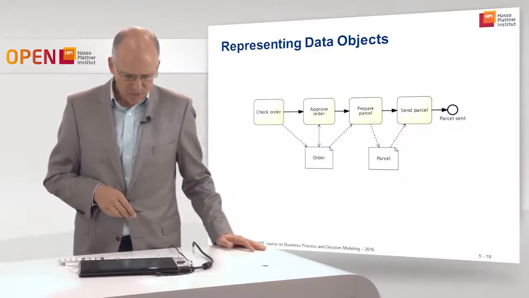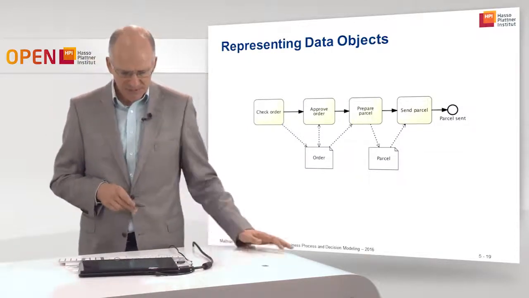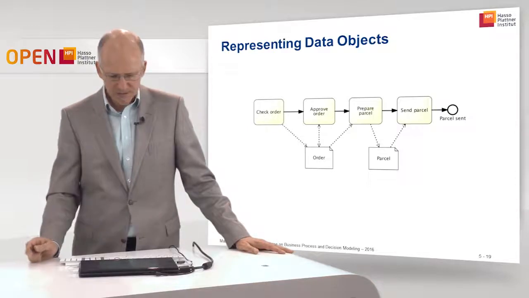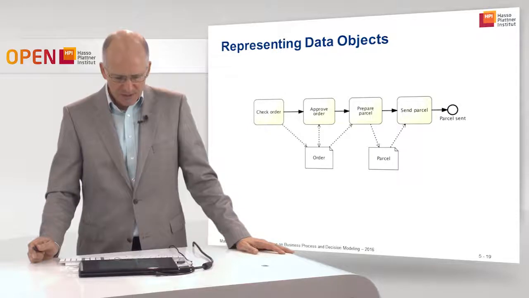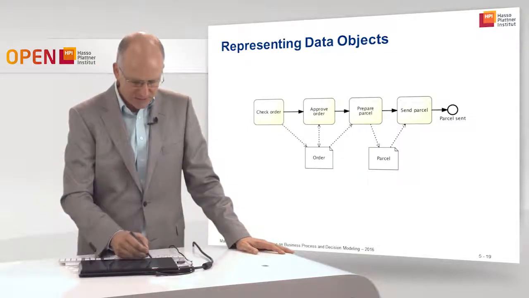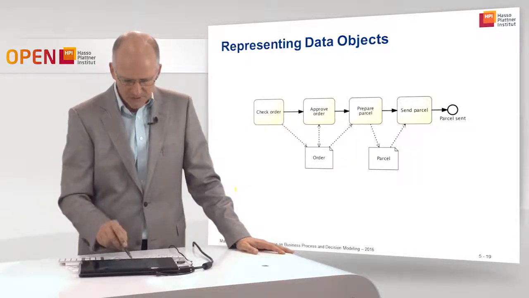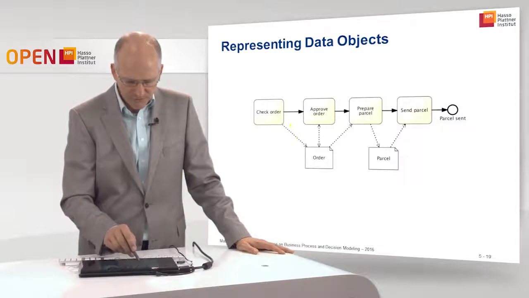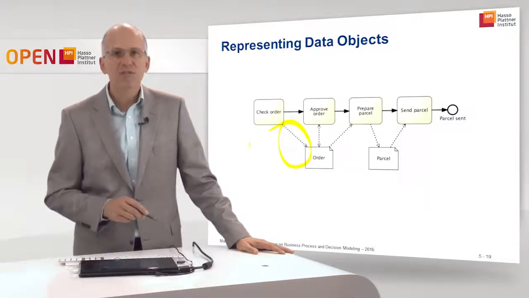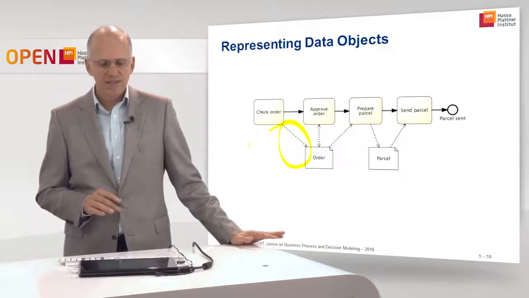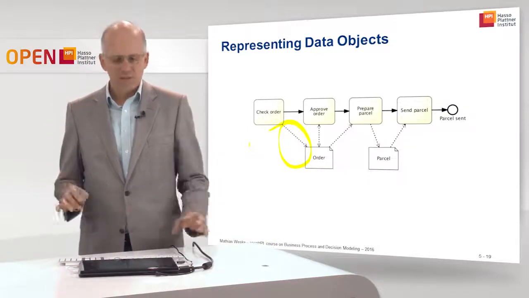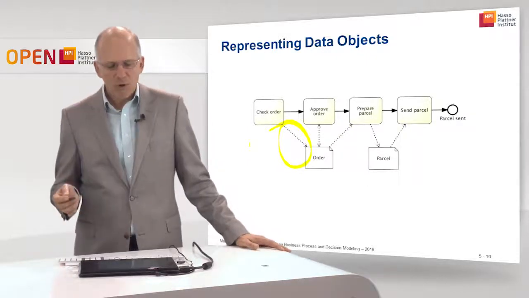This is shown by the following example, maybe even a bit nicer. We have here a sequential process starting with check order. Check order creates an object called order. So by this association, it is shown that when check order completes, it creates the order object.